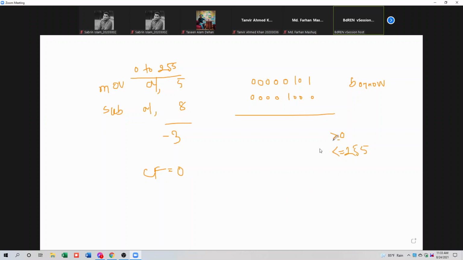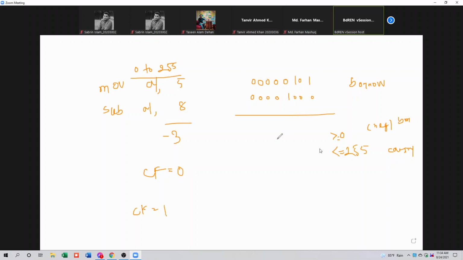But after the operation, if you get a result which is less than 0, that means a negative number, or greater than 255, that is 256, 257, and these numbers will not be 8-bit numbers. That means for a result greater than 255, you're going to get a carry bit, or for a result less than 0, you need to take a borrow. In that situation, the value of the carry flag register will be 1.